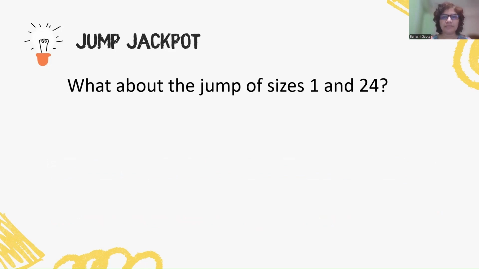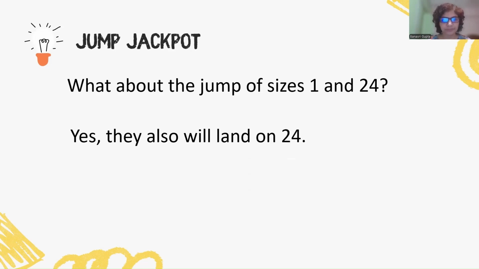What about jumps of sizes 1 and 24? Let me tell you a fact: 1 and the number itself are always factors of the number. So 1 and 24 will also be very good jump sizes for this number 24, because 1 is a factor of every number and every number is a factor of itself. So these two are also good choices.